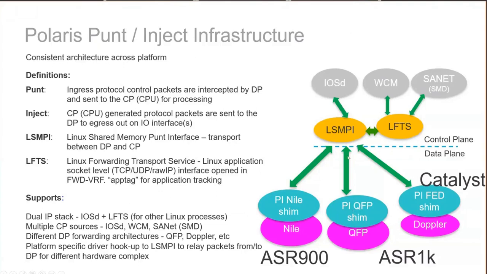The medium that facilitates this transfer is LSMPI, Linux Shared Memory Punt Interface. And LFTS enables communication with the application containers hosted on these control planes. Are we clear about these terminologies? Yes, sir.